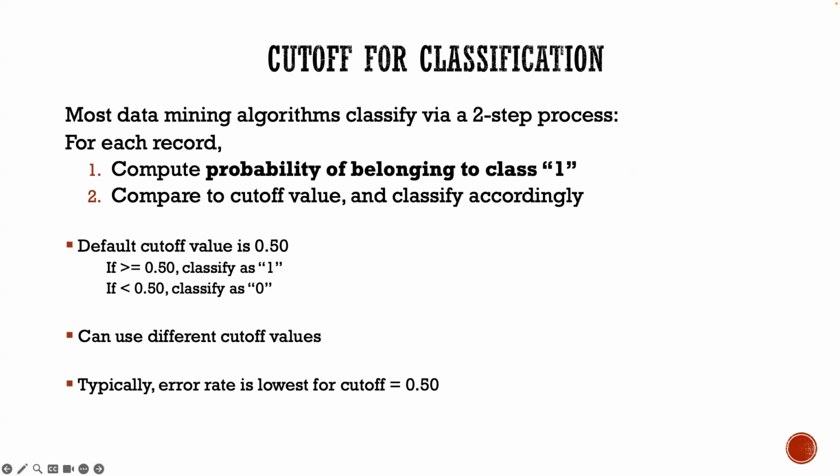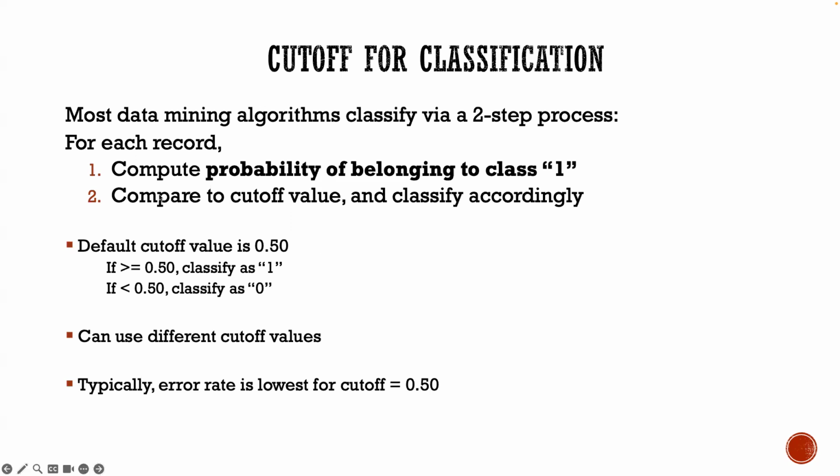Now, in classification, when we are doing all this classification and confusion matrix, most of these data mining models typically use a two-step process. For each record, first they will determine the probability of this new data belonging to class 1, whichever class we are talking about, a high-paying customer, for example.